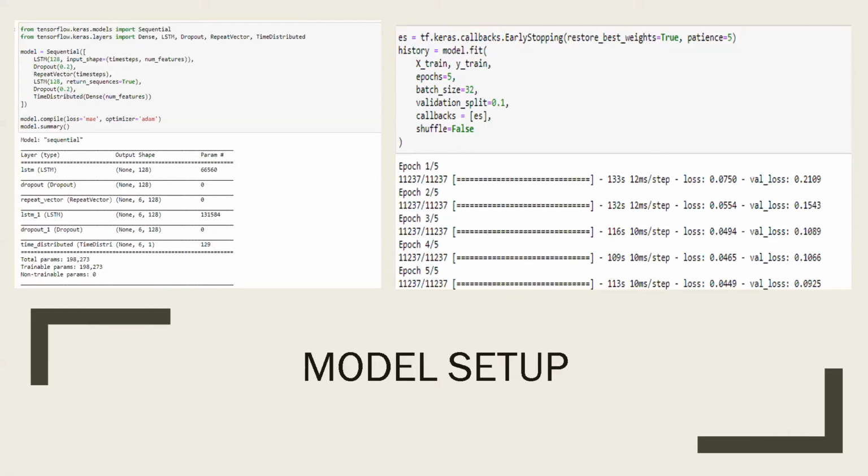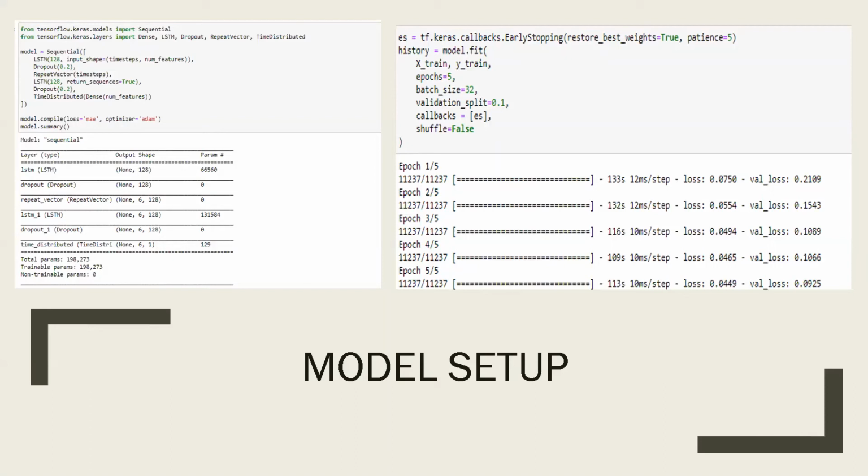We chose the mean absolute error for the loss function, and then a repeat vector input in our model provides repetition, and the time distributed layer creates a vector as long as the number of outputs from the previous layer.